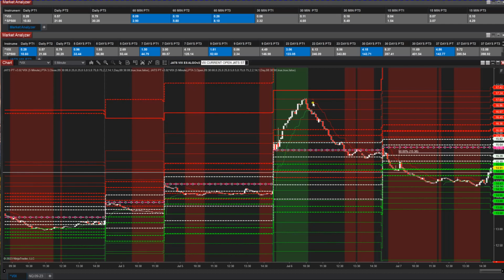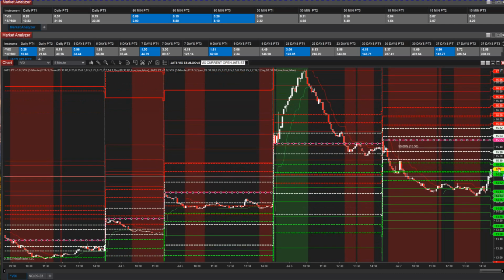You can measure these ranges off of anything, anything. But I generally like to keep it the same way that the market makers will do it. So let me know if you have any questions. And I appreciate you guys.